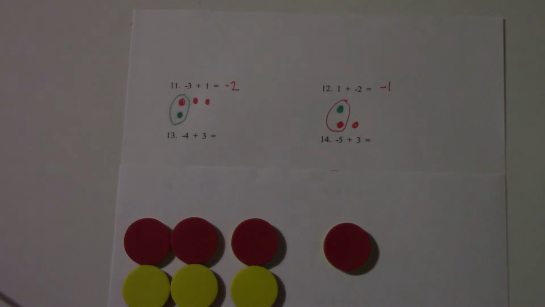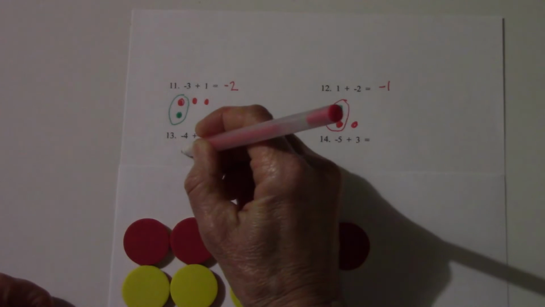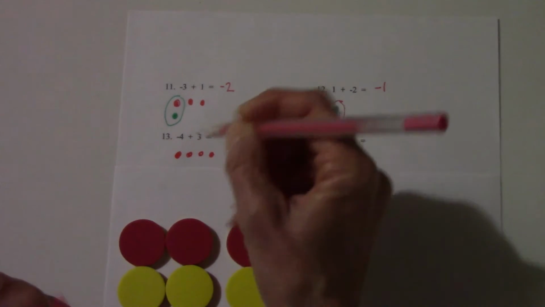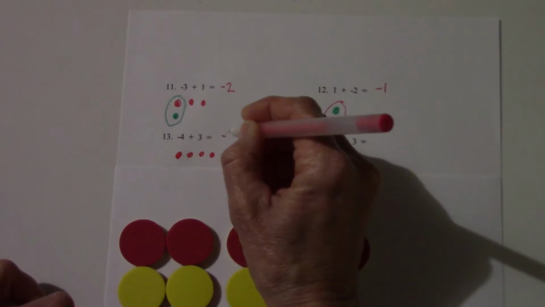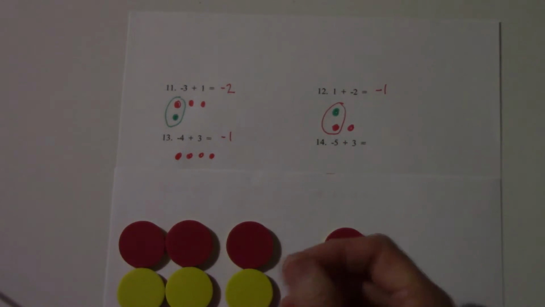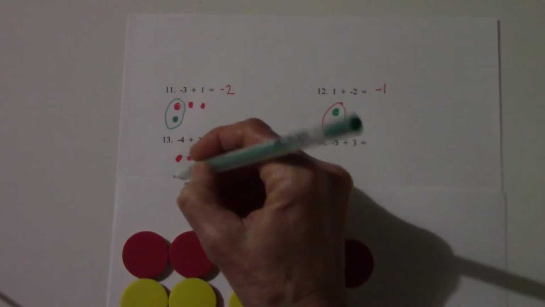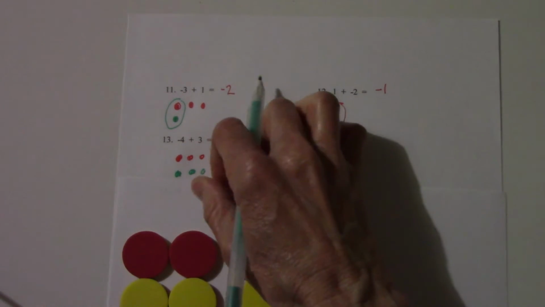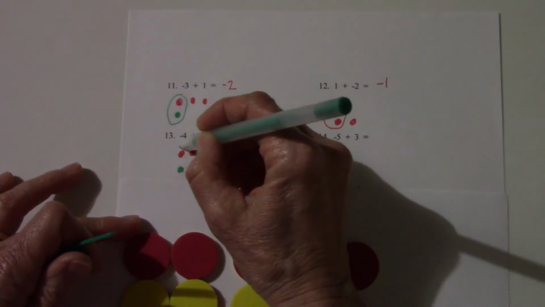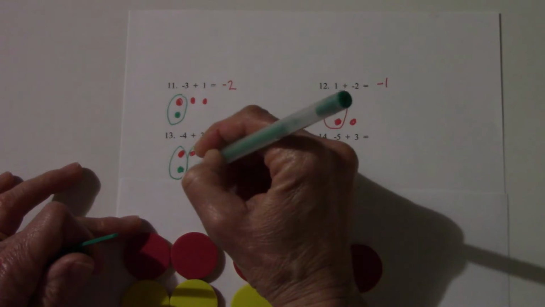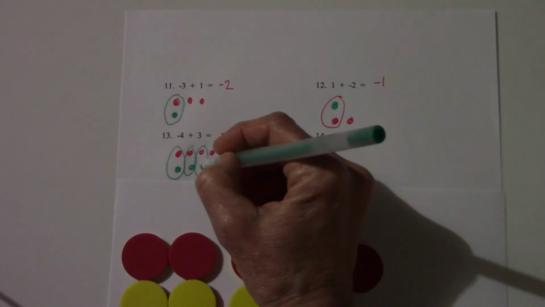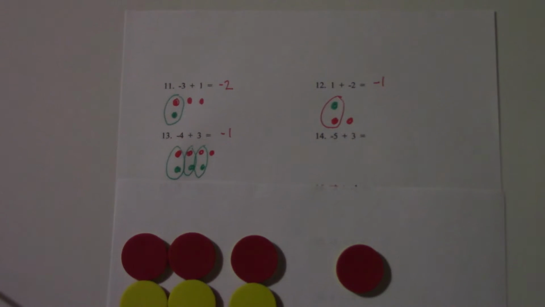So when I draw this, 1, 2, 3, 4 negatives, and 3 positives, and here's my 0 pair and my 0 pairs. So I have 3 0 pairs, which amount to 0, and I'm left with a -1.